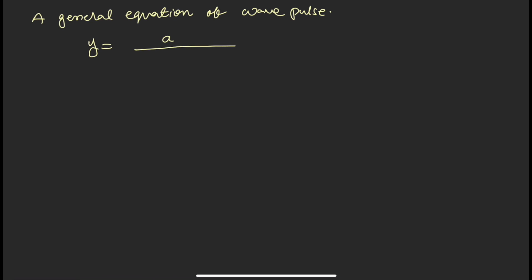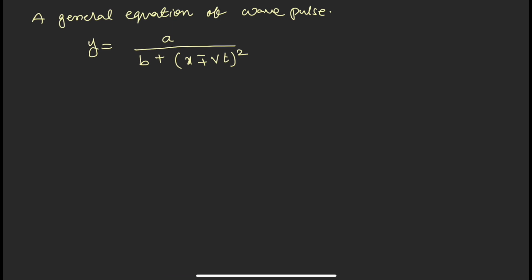A general equation of wave pulse: y is equal to a by b plus (x minus or plus vt) whole square.